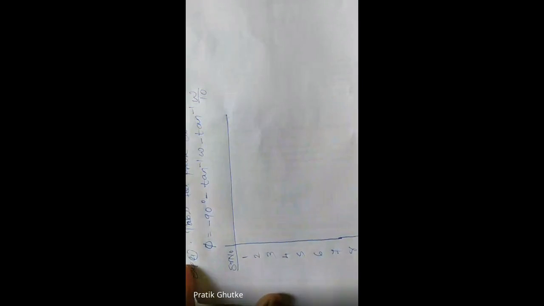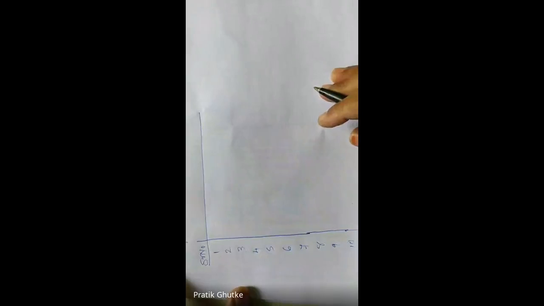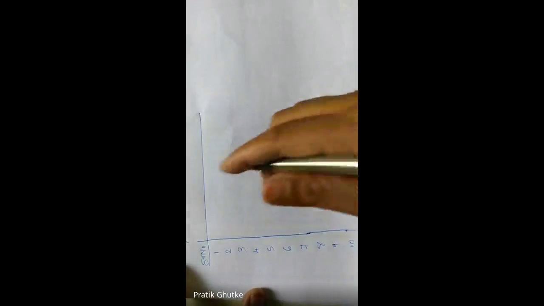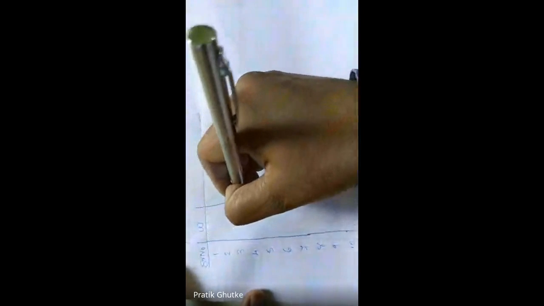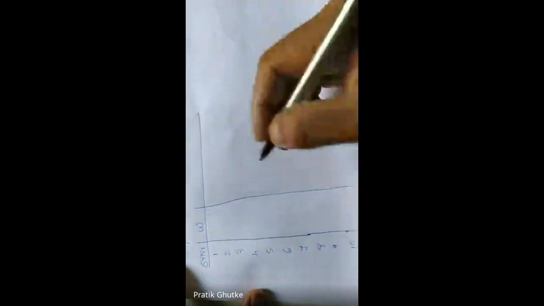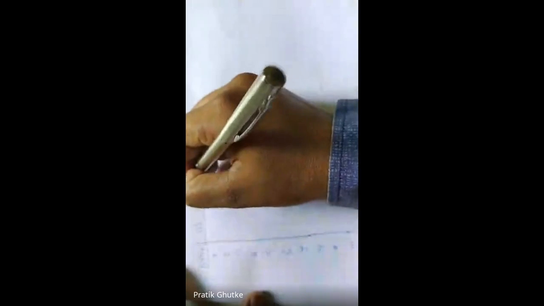So in the first case, I will be taking omega, the omega term, then minus tan inverse omega.